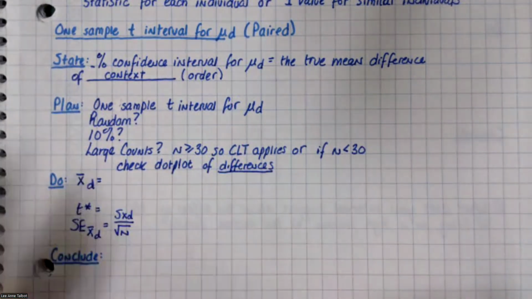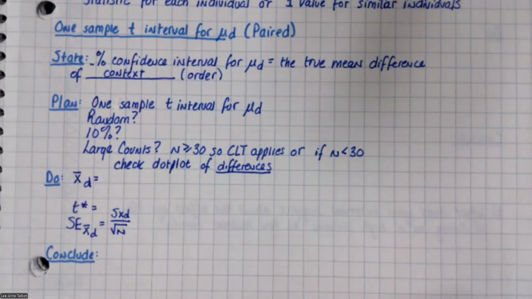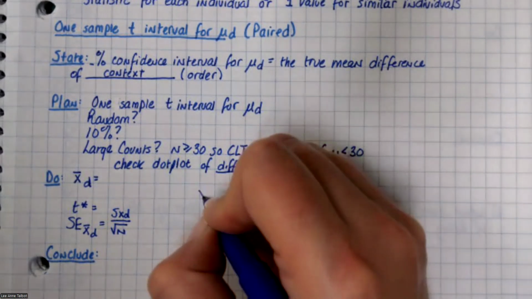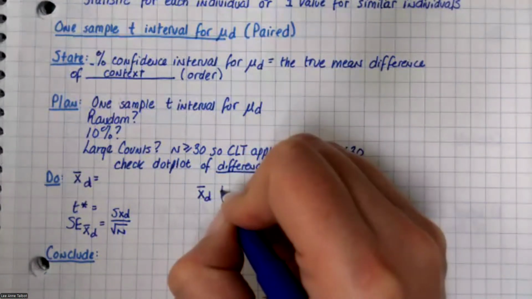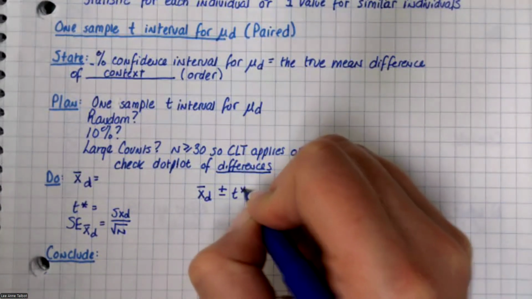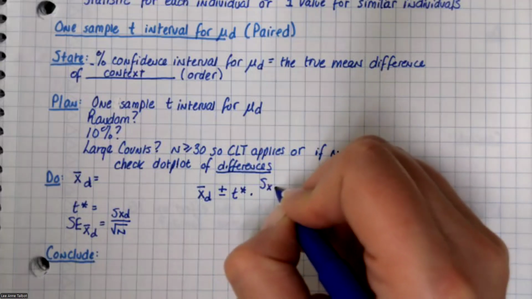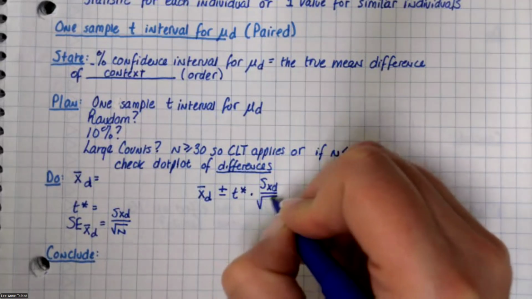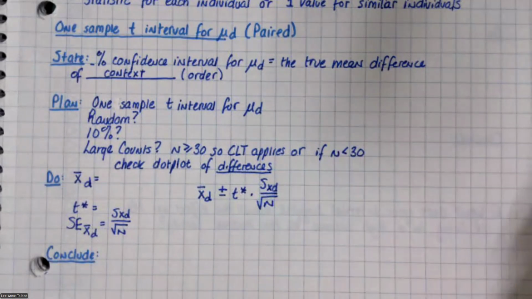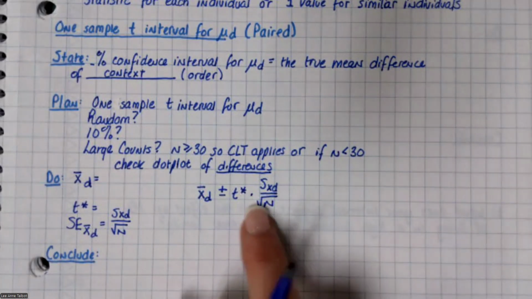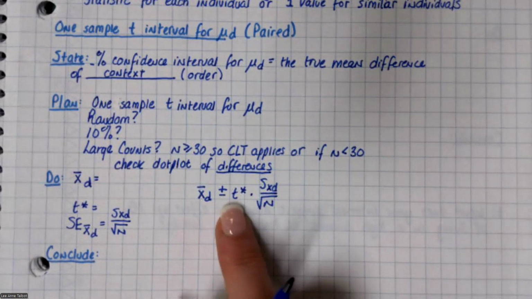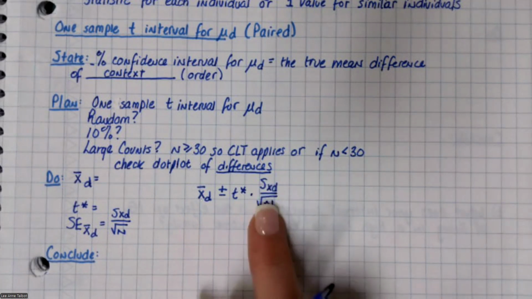If this is confusing for you, it's okay. It's really going to make sense after we do the example, I promise. And then you have your statistic plus or minus T star times standard error.